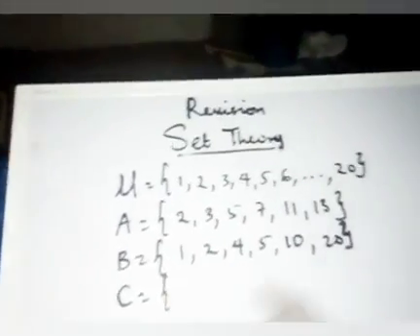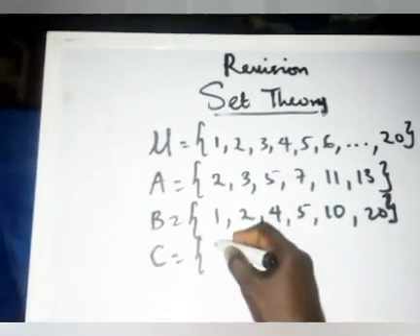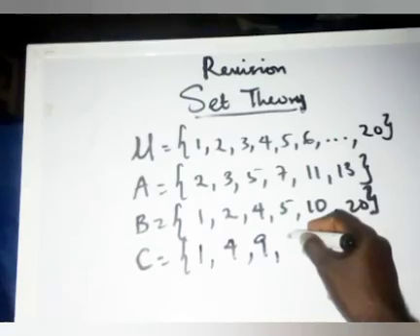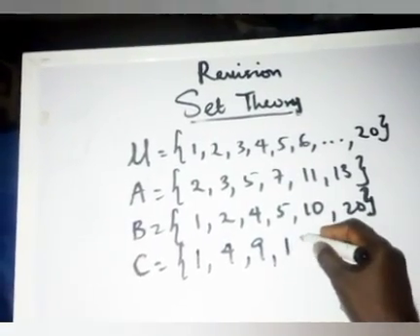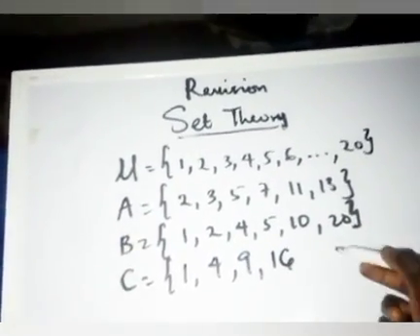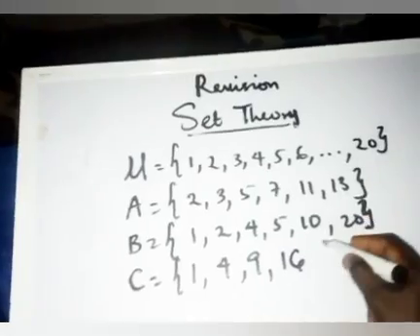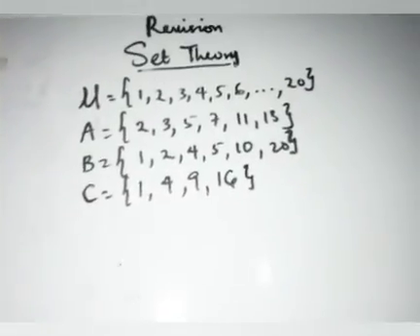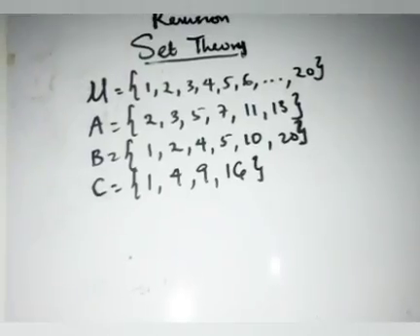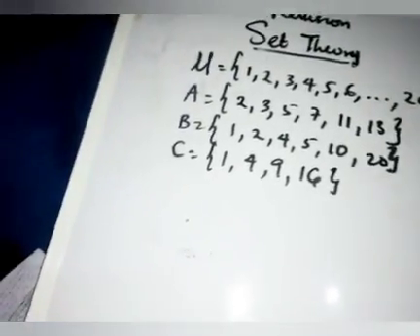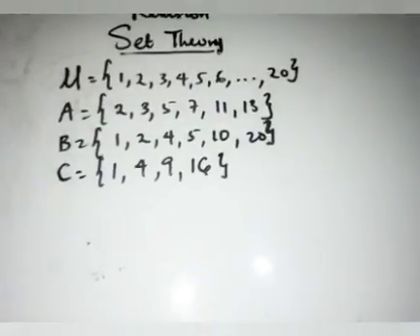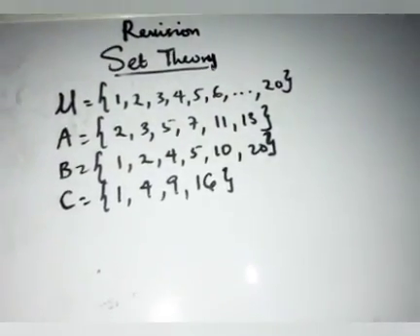Those numbers whose square roots are also whole numbers: 1, 4, 9, 16. The next one should be 25, and the highest in our universal set is 20. So the first thing to do is to list all the elements in each set.